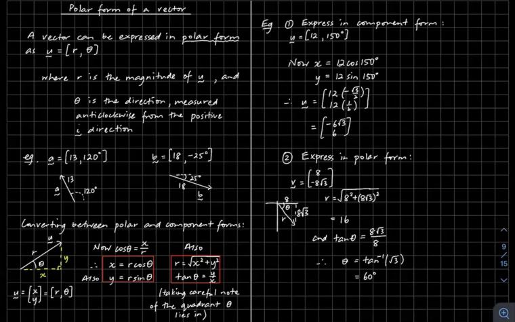So therefore, I can say my vector v in polar form has a magnitude of 16 and a direction of negative 60. Or I could say v is equal to magnitude 16 and direction positive 300. Both of those would be perfectly fine.